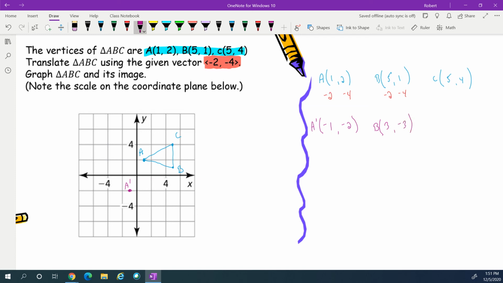So I can come over here, 3, -3. And that's my B prime. And I'm going to do the same thing for C. That's why it's a rule, so that we can follow it for all the points of the image. So we get 3, 0, and that's C prime.